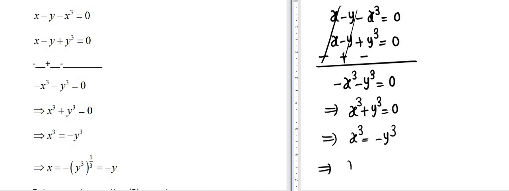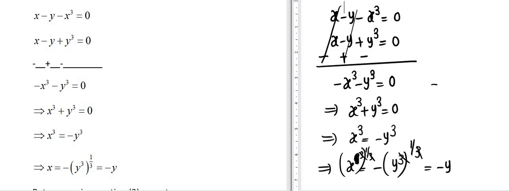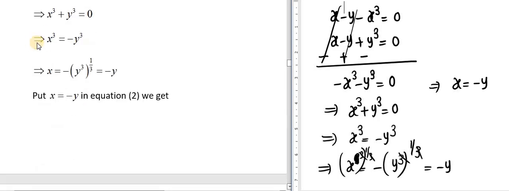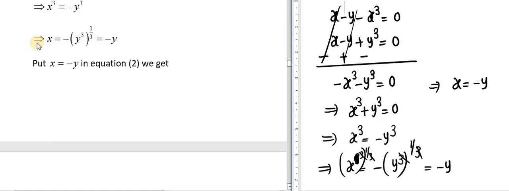Next x cube equal to minus y cube, take power 1 by 3. 3 gets cancelled. Then x equal to minus y. Otherwise here you can write: take whole power 1 by 3, 3 gets cancelled. Therefore x equal to minus y. X equal to minus y we are going to get after solving these two equations.